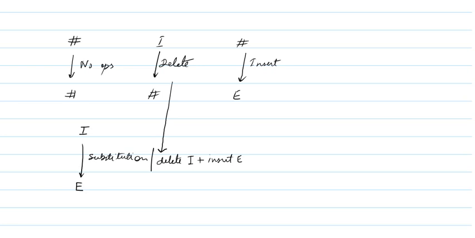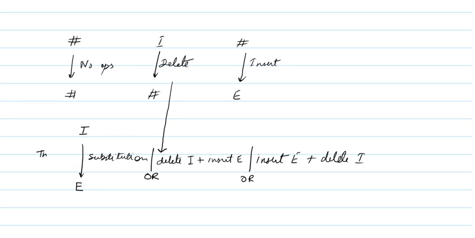So I may apply a substitution, or I may apply delete I plus insert E, or I may apply insert E plus delete I. So there are three paths for I to E.